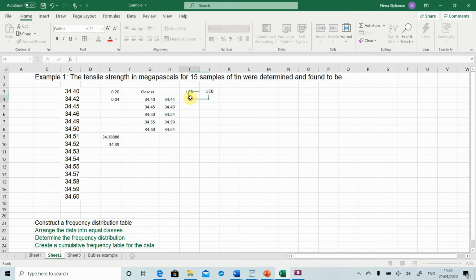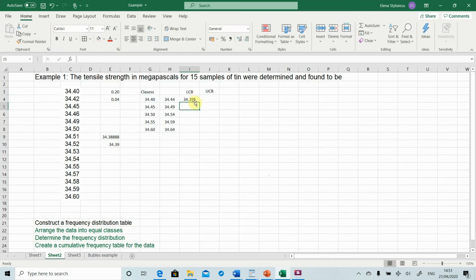To set up the lower class boundary, you have to think what data could be rounded to 34.40. I set up the formula to calculate it: the left-hand side limit minus 0.005.